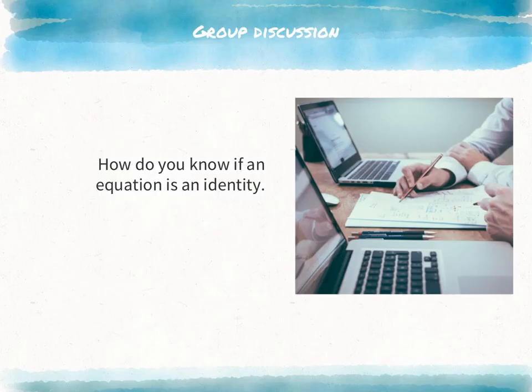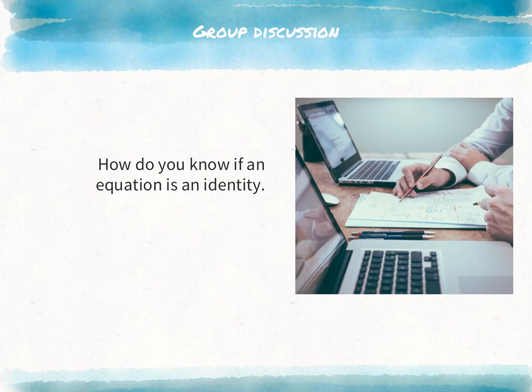Now, as you're solving an equation, how do you know if an equation is an identity? Take a minute to answer this question. An equation is an identity when, while you're simplifying the equation in order to solve it, you get down to the point where the left side equals the right-hand side.